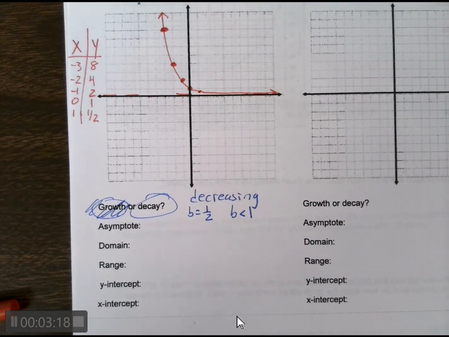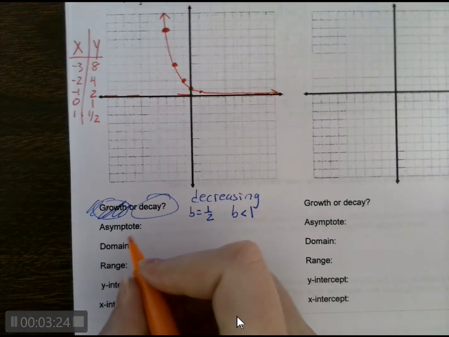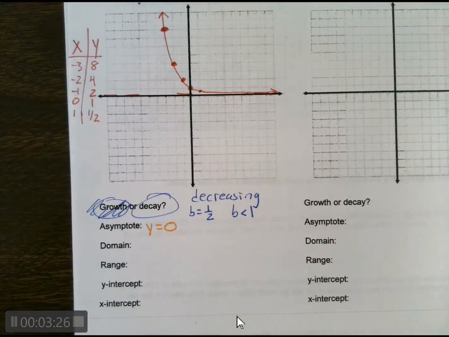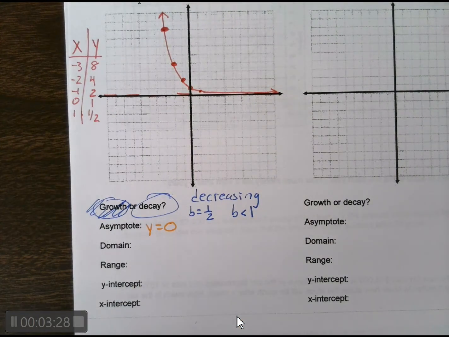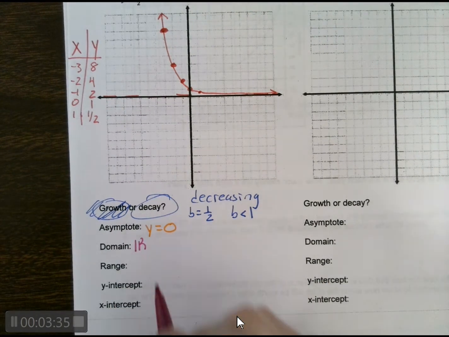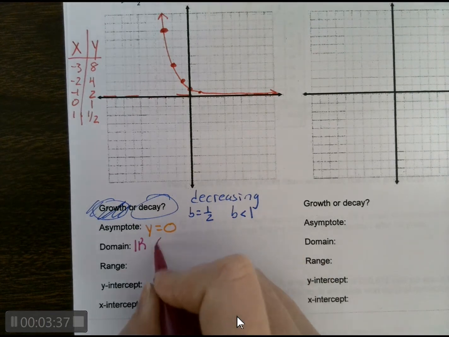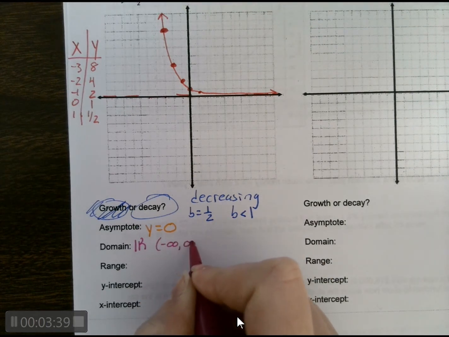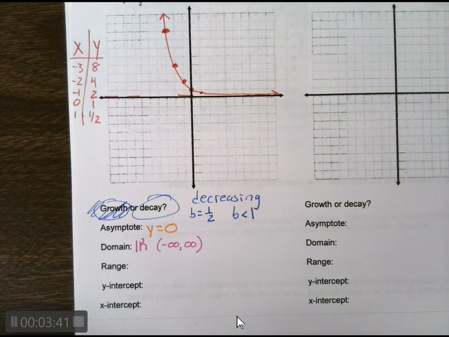Alrighty. Now let's take a look at our asymptote. What's our asymptote? Our asymptote is 0. But can we just put 0? No. We have to put y equals 0. And then our domain is all real numbers. And another way to write all real numbers is -infinity to +infinity.